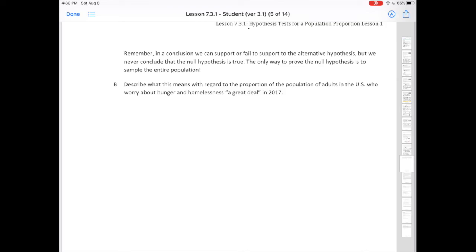We've all heard not guilty before. They're very careful. They don't say innocent, they say not guilty. So what they're saying is that we assume you're innocent, and then we see if the evidence is strong enough to lead us to reject it. And if not, then that means we fail to reject it. But it does not mean that we have proven it innocent. So just like that, we never proved the null hypothesis is true.